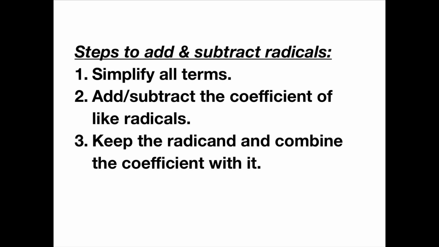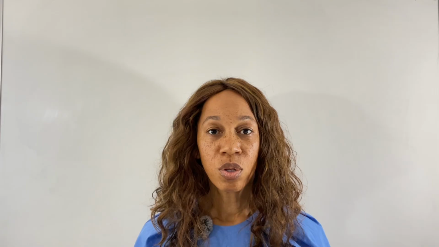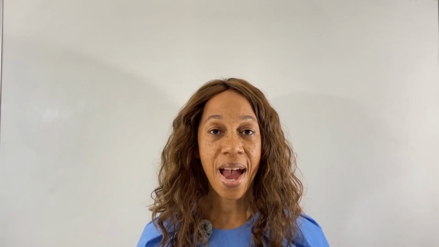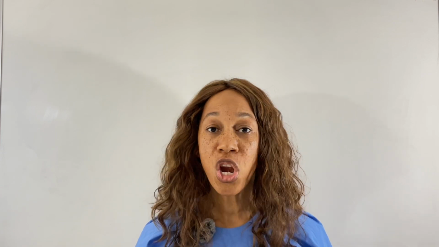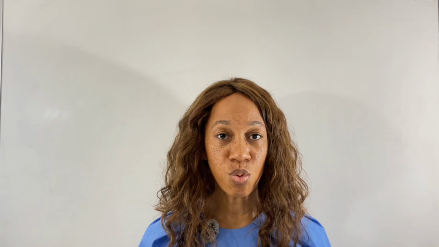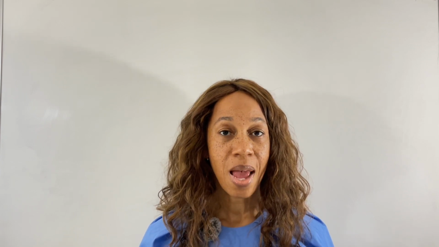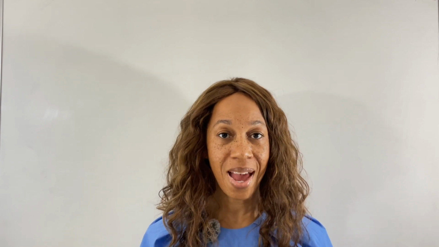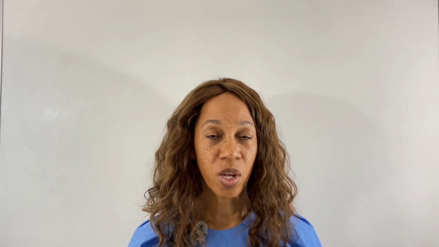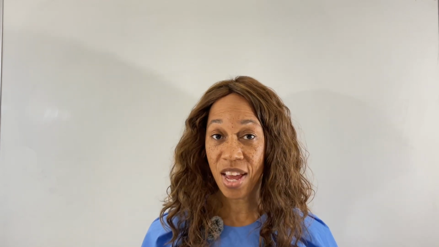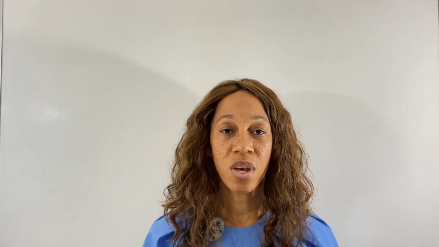You cannot do radical 2 minus radical 3 and tell me it's radical 5. No, you cannot do that because 3 and 2 are two different radicands. They must be the same. So you can put together radicand 2 and radicand 2, or radicand 3 and radicand 3. Don't make that mistake. The third step is that you're going to keep the radicand with the answer for the coefficient that you got from step number 2.